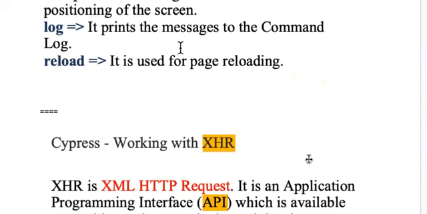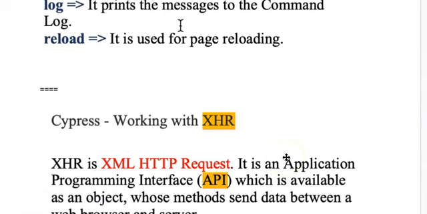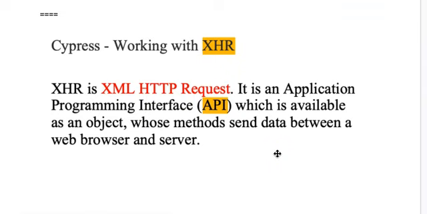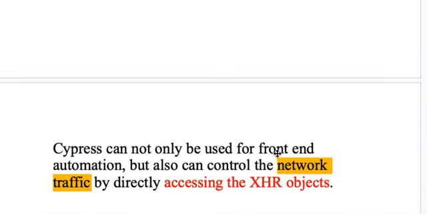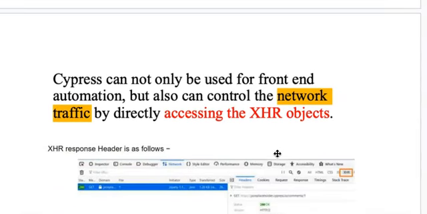Coming to the API, or Cypress working with XHR. XHR is XML HTTP request. It is an API, application programming interface, which is available as an object whose methods send data between a web browser and server.